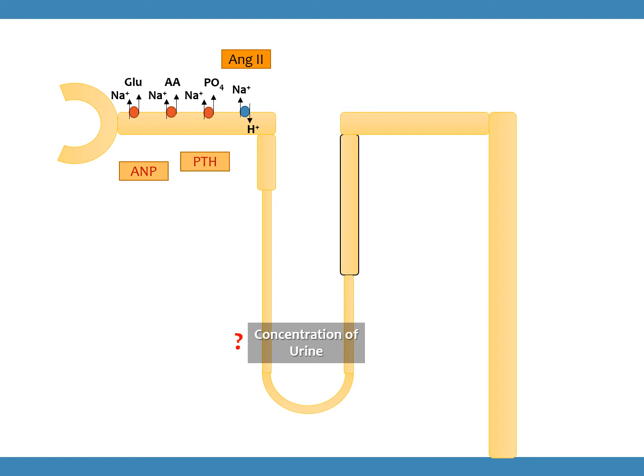Just looking at the transporters here, the thick ascending loop of Henle, if you remember, I told you earlier, is impermeable to water, but it reabsorbs a large amount of solutes. And the main transporter here is the sodium-potassium-2-chloride cotransporter. All right. Now moving on from here, let's see what is happening in the distal tubule.